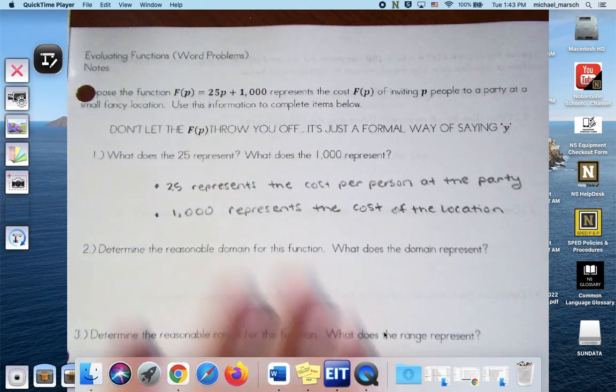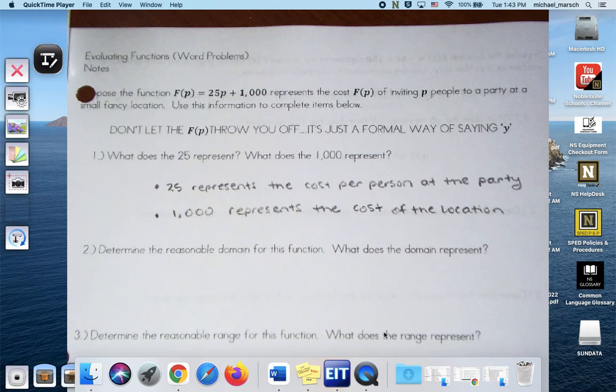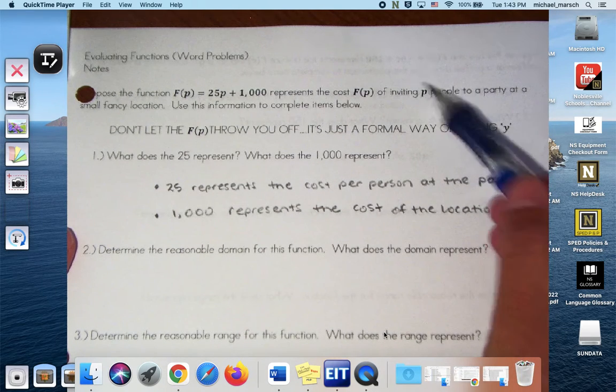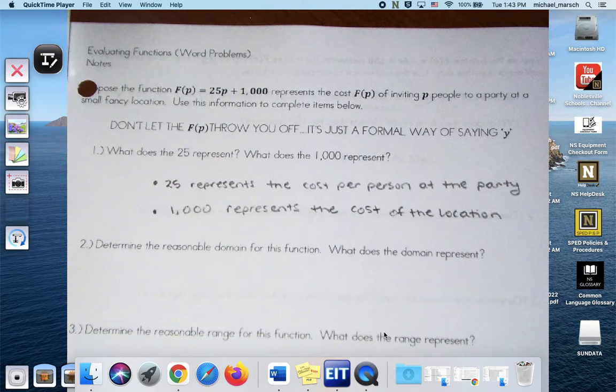Okay, so now we know what these 2 numbers represent in this function. So what would be a reasonable domain for this function? And by domain, I mean, what would be a reasonable x or p value? Because remember that p is like our x value. Jackson? 100. Maybe 100. Remember, it's a small fancy location. I was going to say 10. 100 could be, that might be pushing it a little bit.